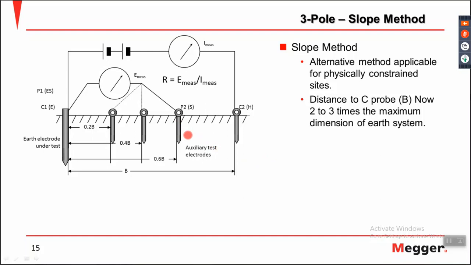But you need to know the center or the end of your grounding system. It is a rule of thumb to put the current probe.